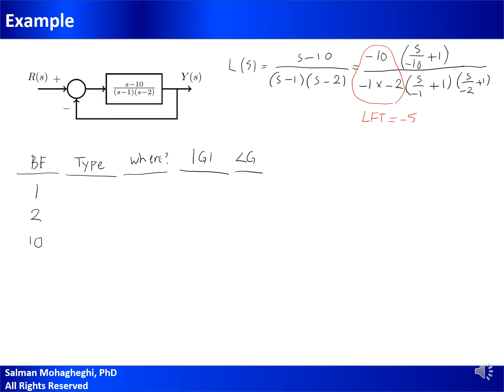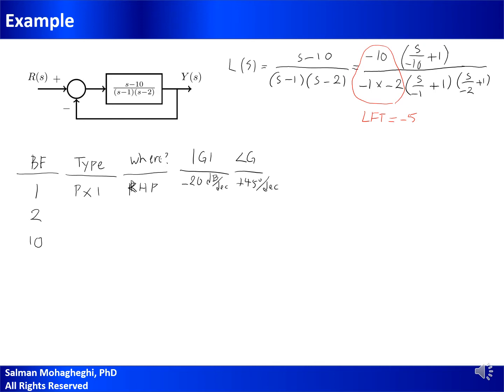1 is a first order pole, so I would say times 1, and it would be in the right half plane. Because it's a pole in the right half plane, the slope of the magnitude is going to be -20 dB per decade, and the slope of phase angle is going to be +45 degrees per decade.